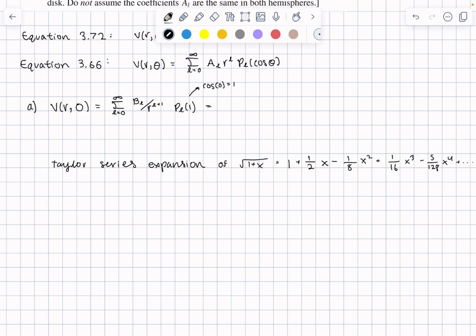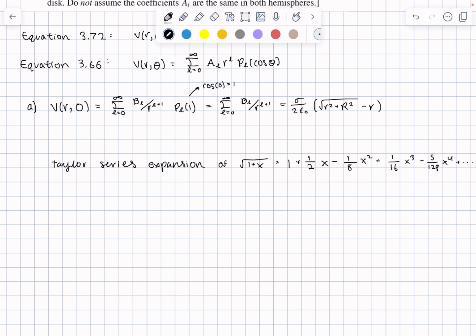Then that is equal to the sum from 0 to infinity of B_L over r to the L plus 1, and that can be set equal to what was given to us, sigma over 2 epsilon naught times the square root of r squared plus big R squared minus r.